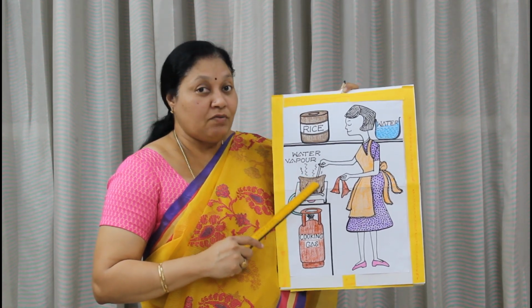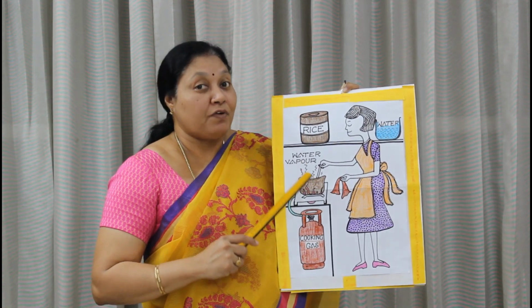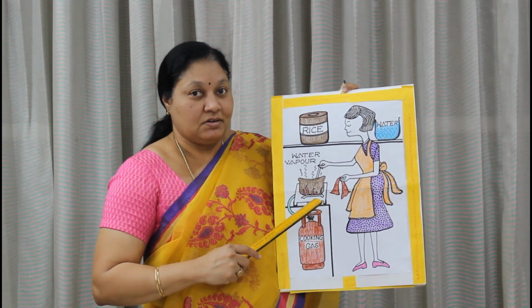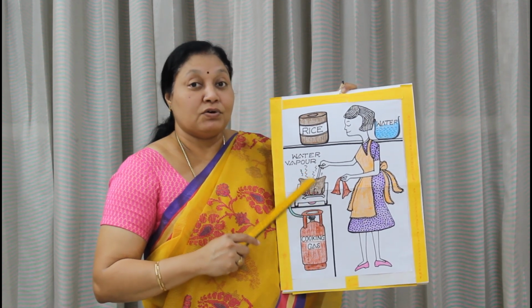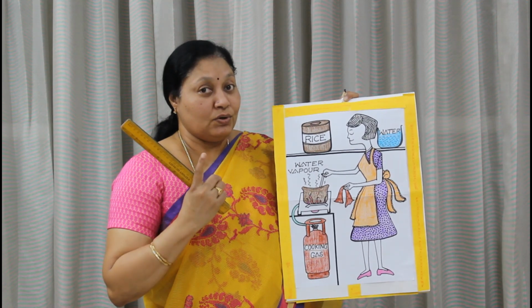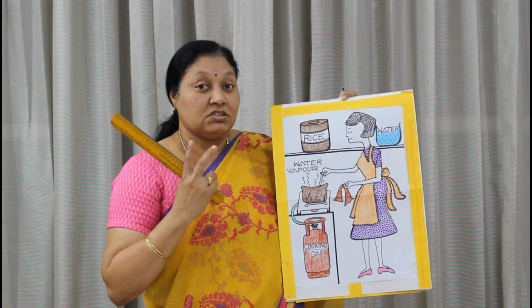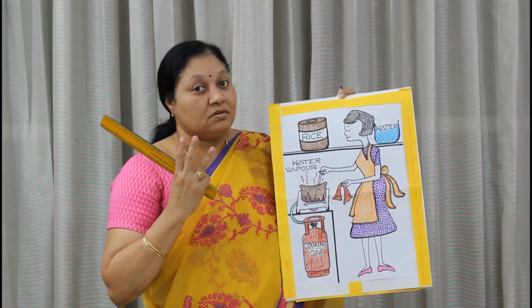That is the reason why we call the leaf the kitchen of the plant and also the food factory of the plant. This is the process of photosynthesis. Photosynthesis is made up of three words: photo, which means light; syn, together; thesis, to put.